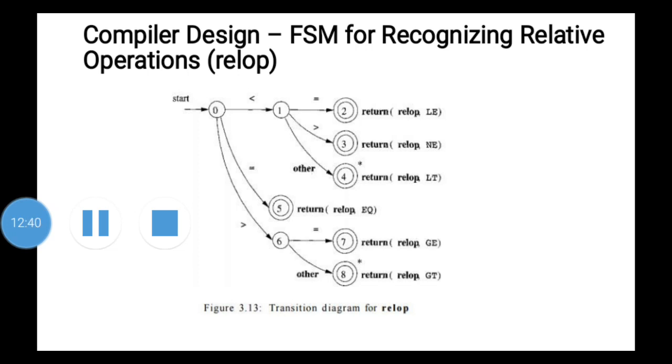Then you have the greater than, that's going to pass greater than for you. So these are various ways in which you can pass almost everything that you may need when you're writing program code for a particular programming language. So this is how your programs are compiled, from lexical analysis to syntax analysis and semantic analysis.